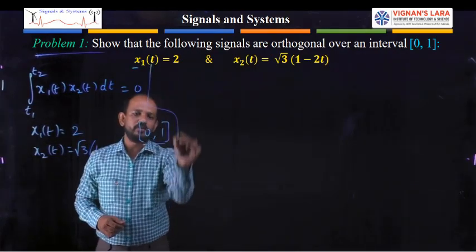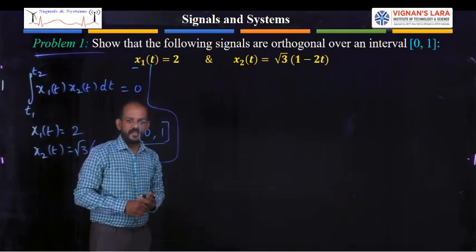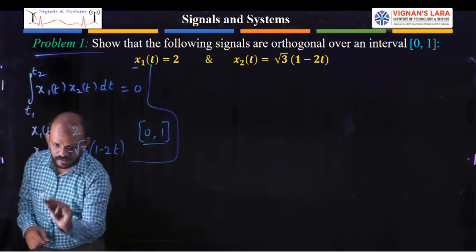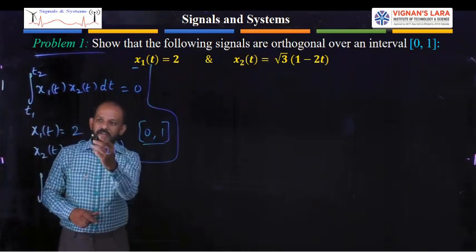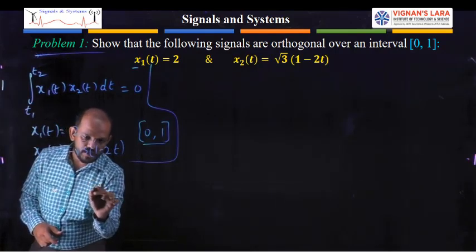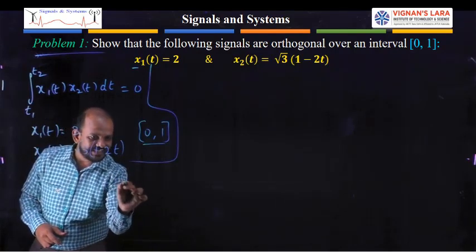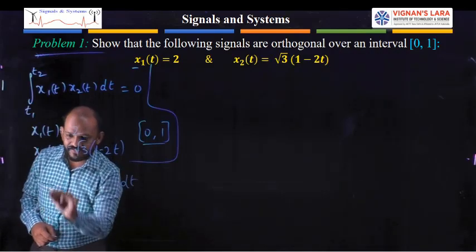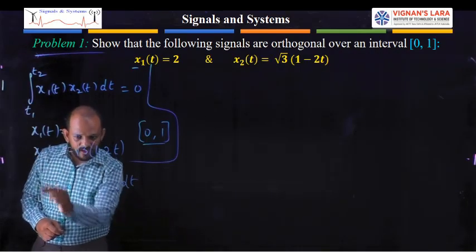So what do we have to do? First we have to take the integration of the product of the two signals over the given interval. We have to find this value.